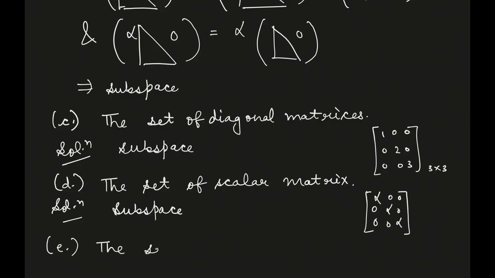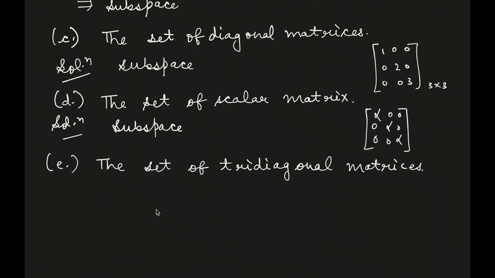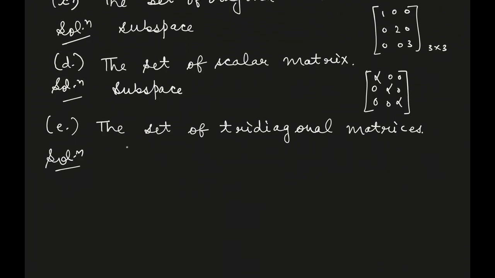The set of tri-diagonal matrices. So if it is a matrix, then this one is the principal diagonal or main diagonal.